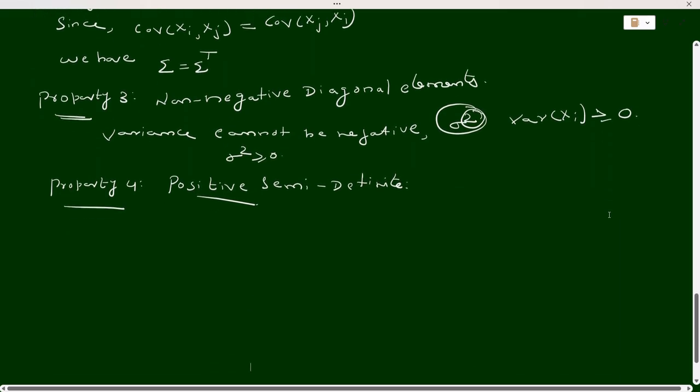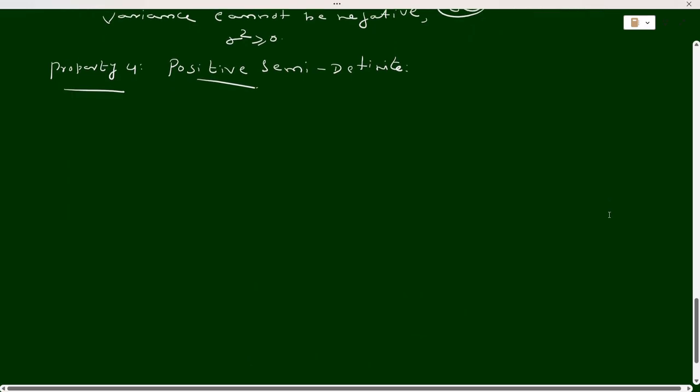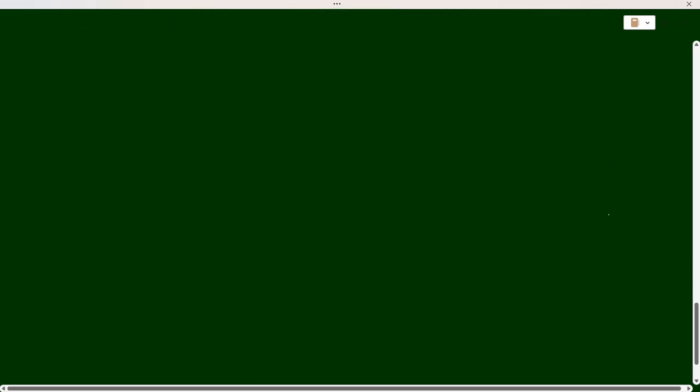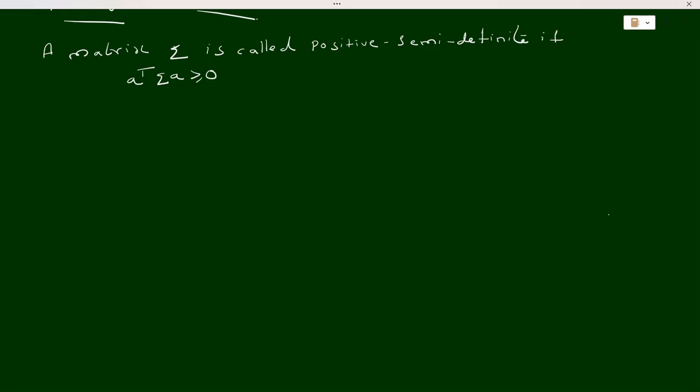A matrix sigma is called positive semi definite, that is the basic definition, if A transpose sigma A is greater than or equal to 0 for every non-zero vector A.